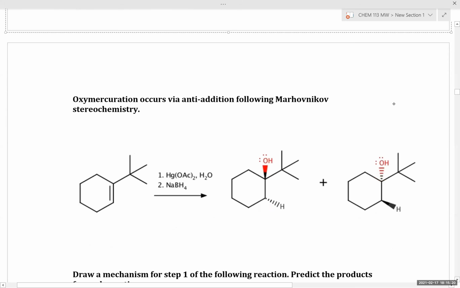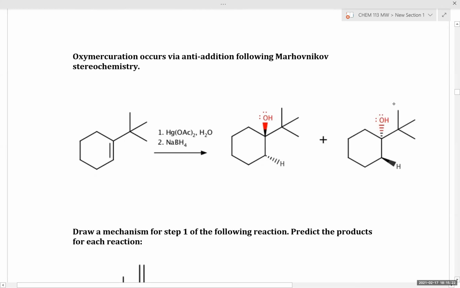Now, oxymercuration occurs via anti-addition following Markovnikov regiochemistry. So just to show this once again, we generate our mercurinium ion intermediate.